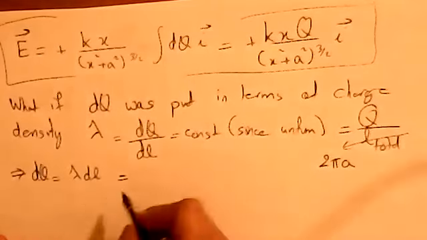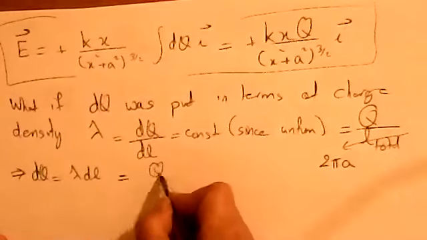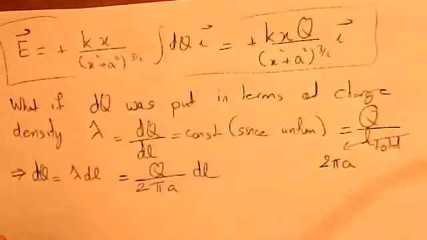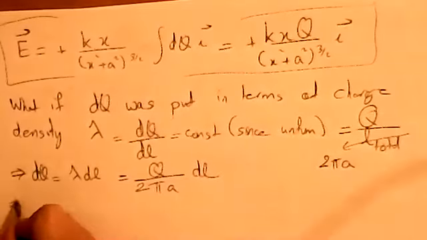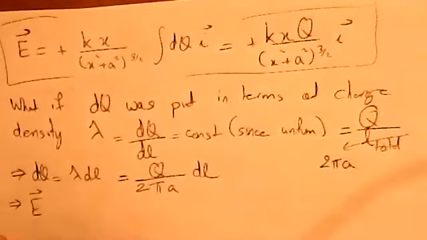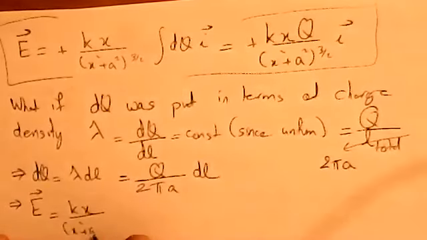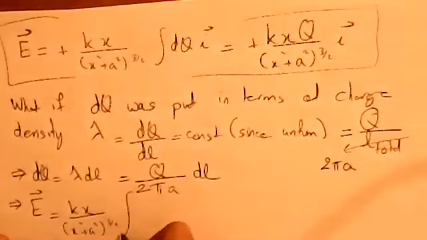In other words, lambda is q over 2 pi a, times dl, which means the E vector equals k x over (x squared plus a squared) to the power 3 over 2, with lambda dl in place of dq.